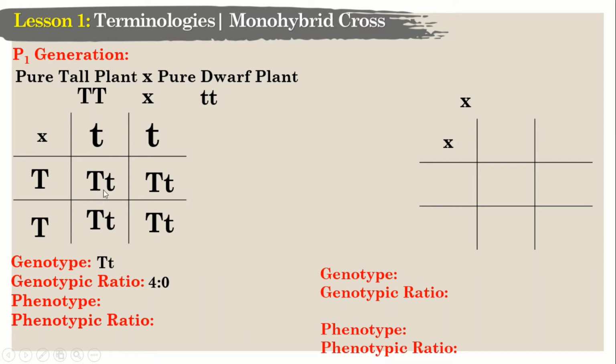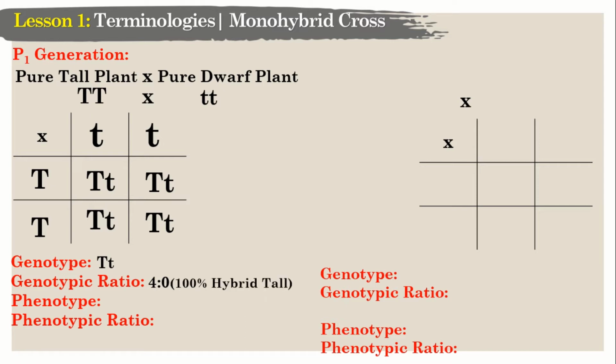Or is it hetero or hybrid? Since you have a capital and small, dominant and recessive, so we could not say that this is pure, but this one is hetero or a hybrid tall. Since we have a dominant gene for tallness, then that means the expression would be tall. So 4 is to 0, simply described as 100% hybrid tall.